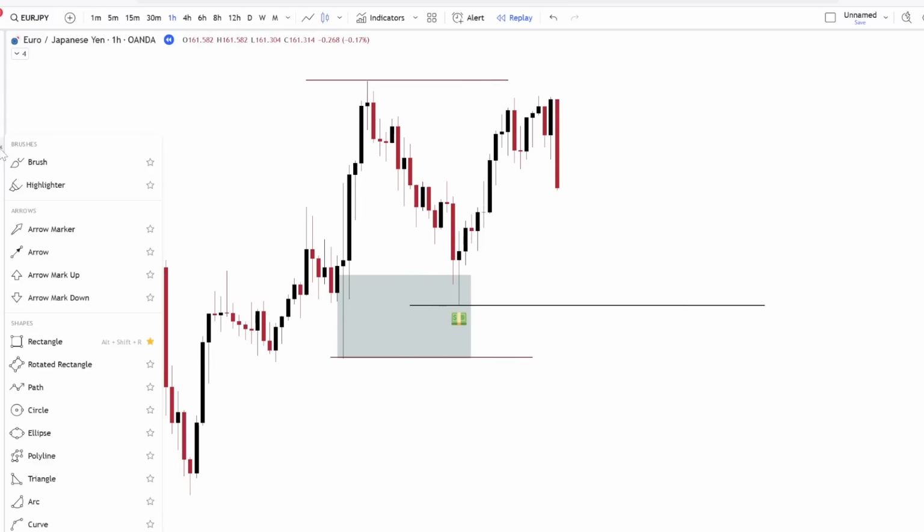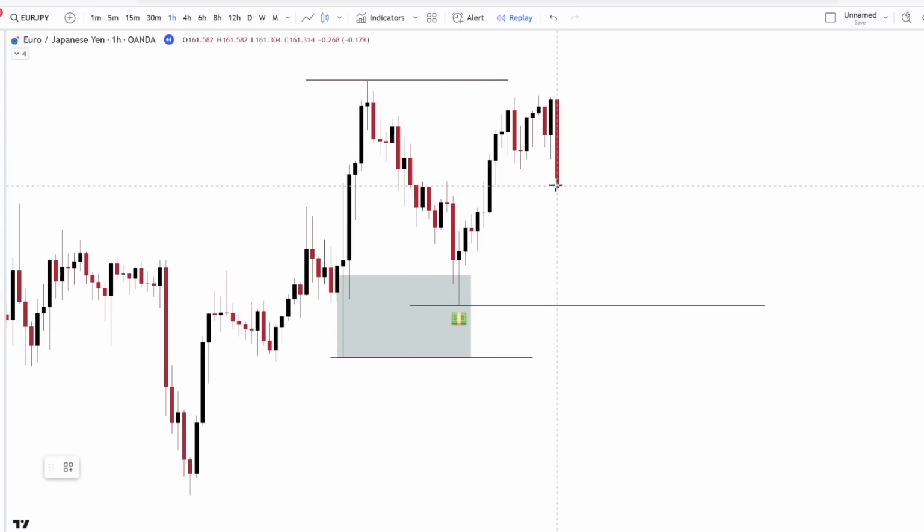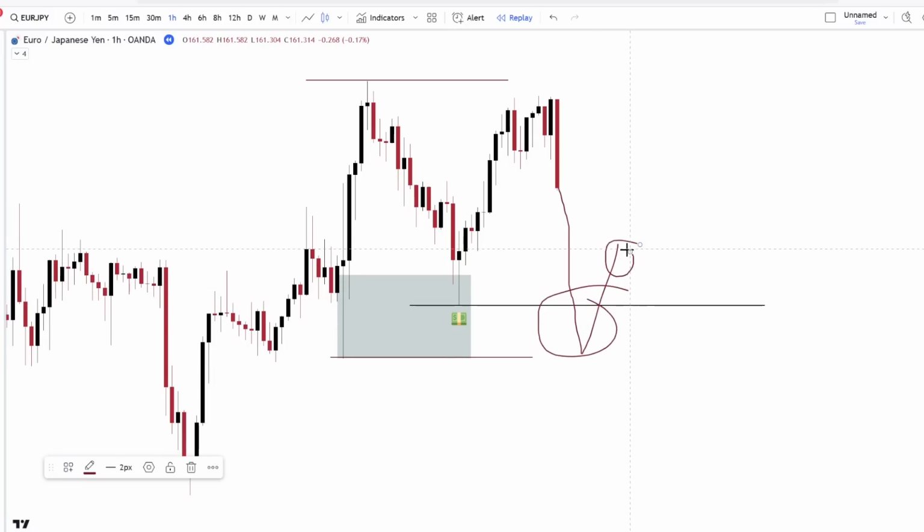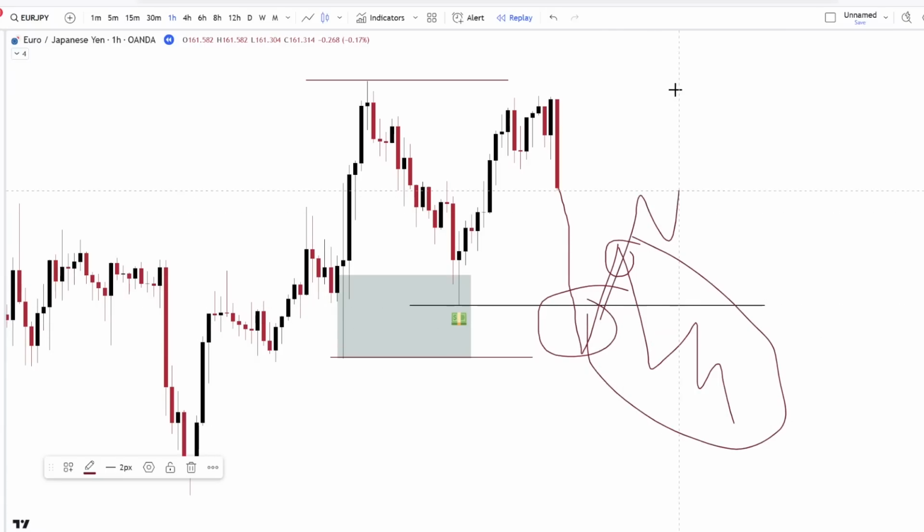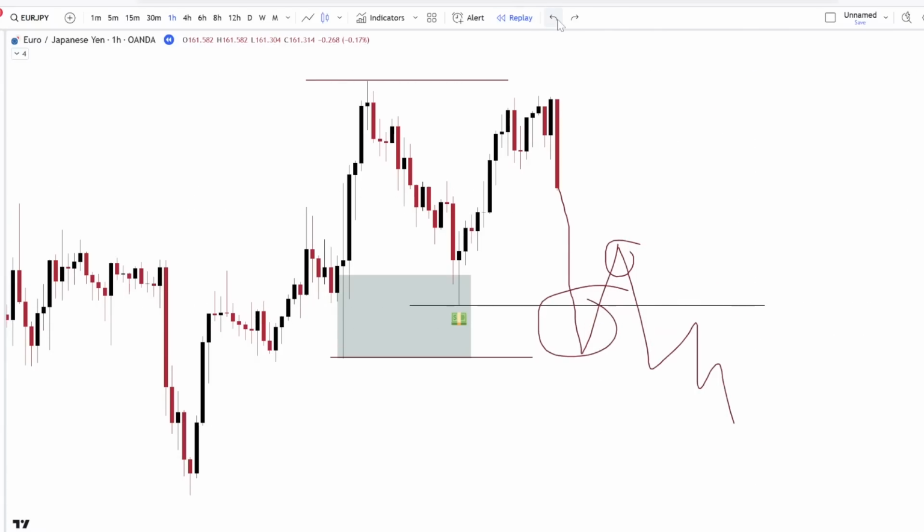So what we are waiting for now is simply price coming down here, trapping really hard and coming back up quickly. And once that happens, we can confirm the price will no longer continue in a bearish trend, and we can anticipate a bullish expansion to continue the macro bullish trend.